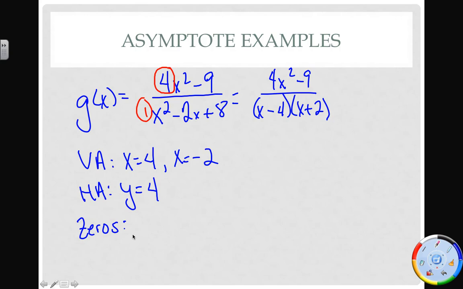Now the question comes from, where do I find my zeros? Well, what I mean by this is, where does g of x cross the x-axis? Okay, and g of x is going to cross the x-axis wherever the numerator is 0. So this actually factors to 2x plus 3 and 2x minus 3.